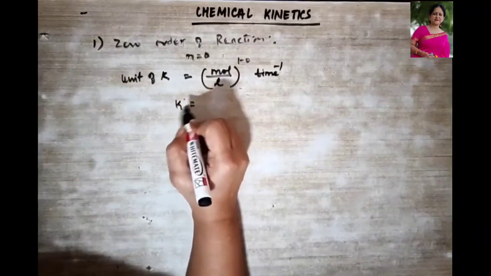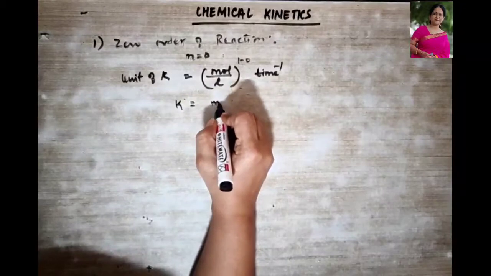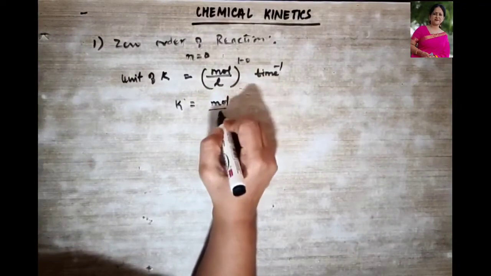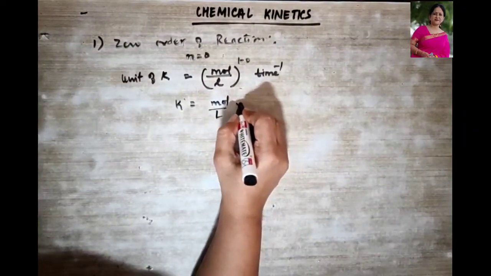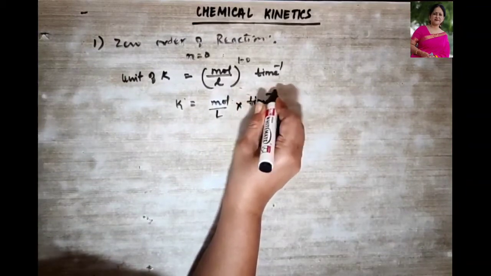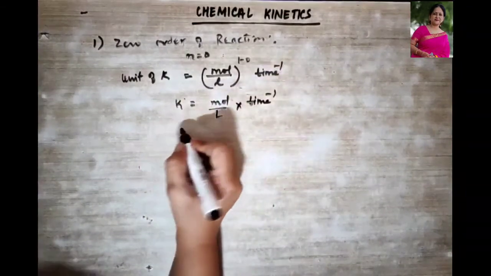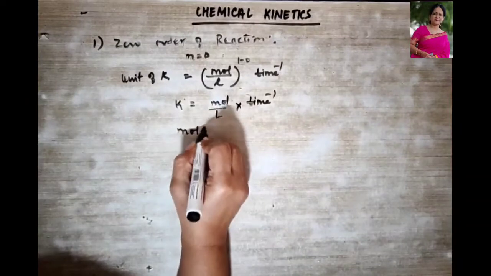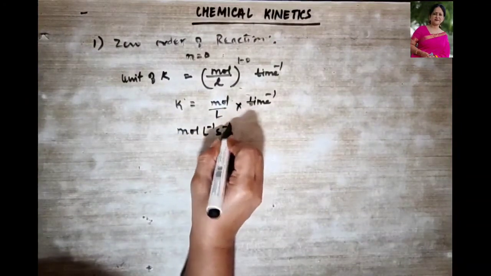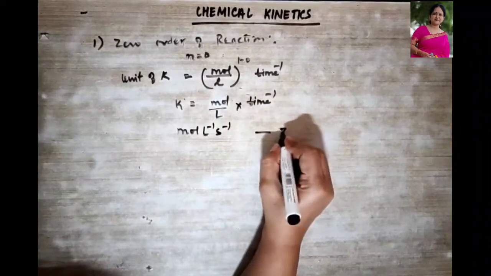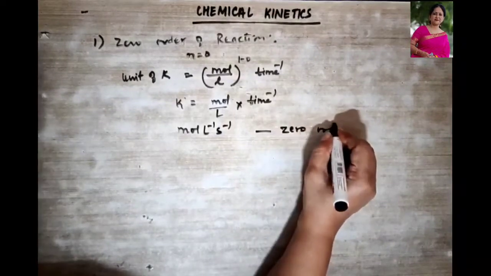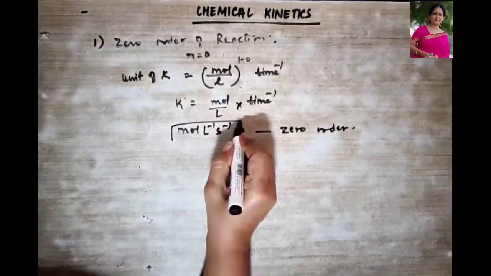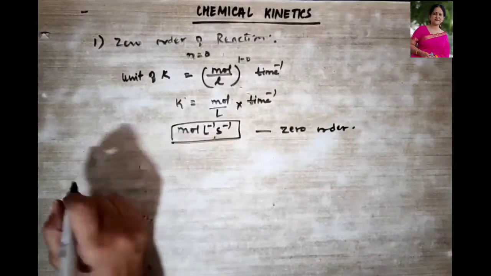So this K, the rate constant, is equal to moles per liter per time. Clear? Therefore, if you get the unit moles per liter per second, this means it is your zero order. This is your zero order.